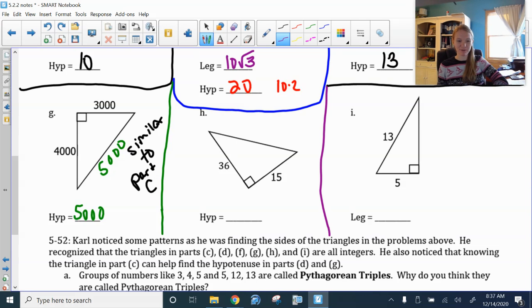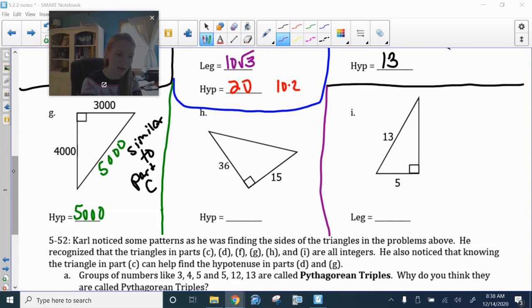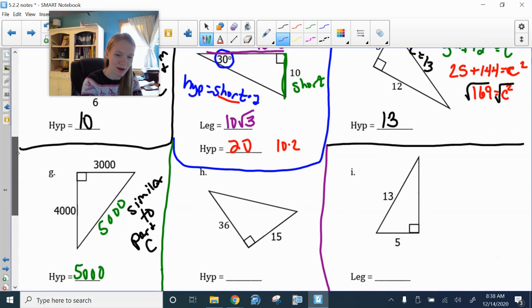Triangle H here. I have 15 and 36. I could do my Pythagorean theorem. Or I can see that it is similar to the 5 and the 12 that I already have. How could I go from a 5 to a 15?